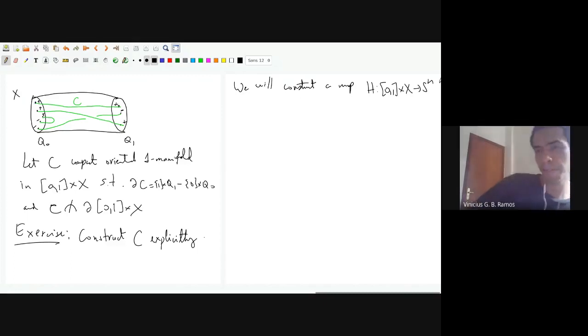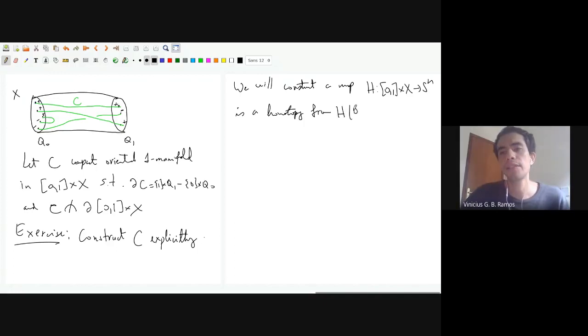It's going to be a homotopy between something on level 0 and something on level 1. So this is a homotopy from H0 to H1. But I'm not telling you what these are going to be. I'm just going to construct the homotopy, and by definition, this will be my F tilde, and this will be my G tilde. Okay. But what I want to do now is use the C to construct the map.